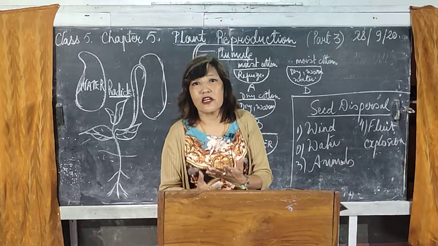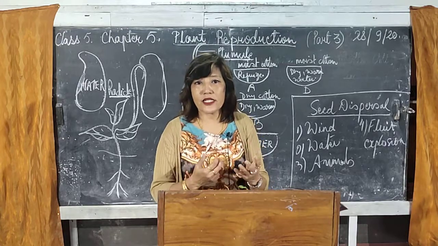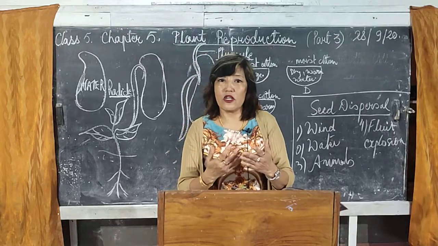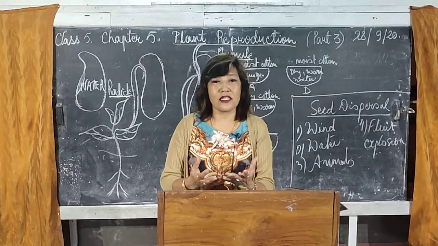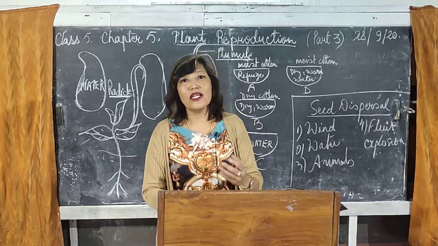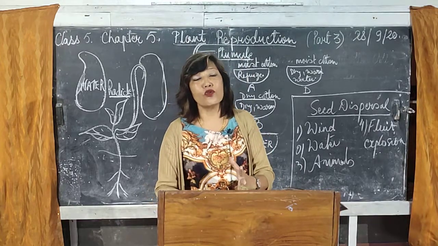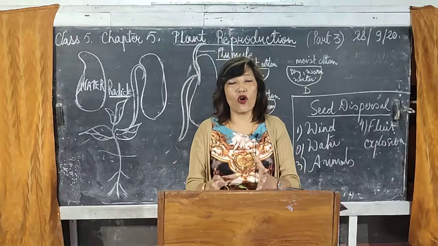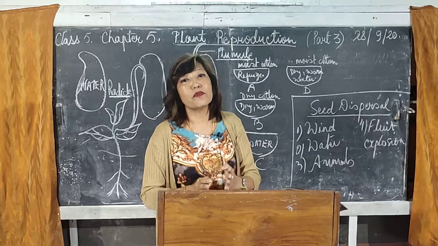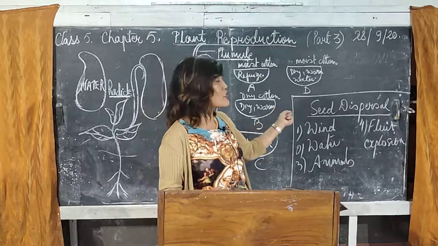Then there is a fight amongst them for space, for water, for air and for warmth. So what happens? The healthy seeds will germinate, but the weak ones will die. So in order for all the seeds to germinate, it is very necessary for the seeds to be dispersed. So what is seed dispersal?